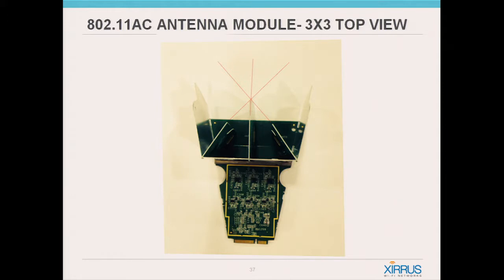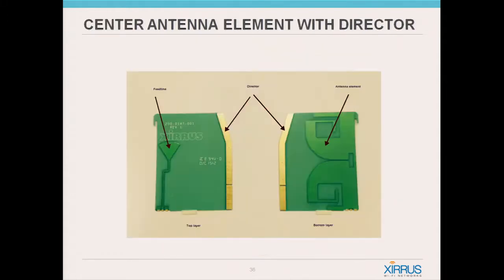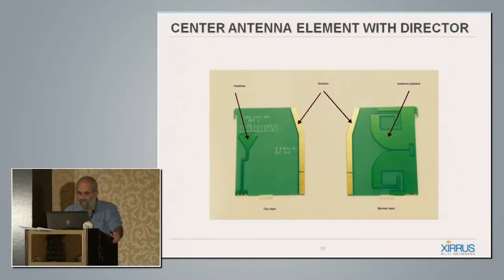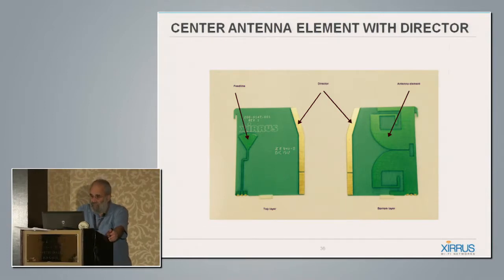There is an additional director, and that director is frequency dependent. So what it does, it makes the center antenna, and all the other antennas as well, see it as a dual polarized director.